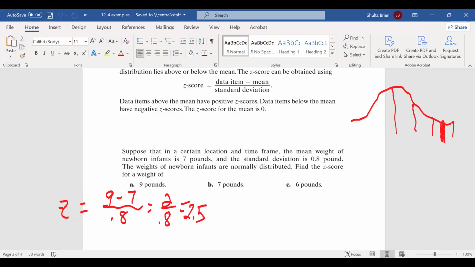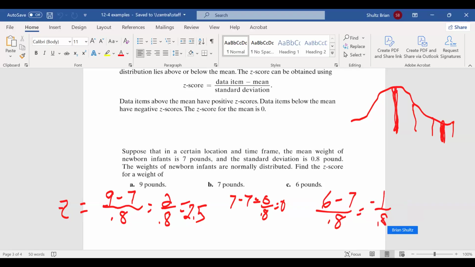7 pounds is 7 minus 7 equals 0 over 0.8, which is still 0. So it's the mean. A z-score of 0 is the mean. 6 pounds, 6 minus 7 over 0.8 is negative 1 over 0.8, which is 1.25.